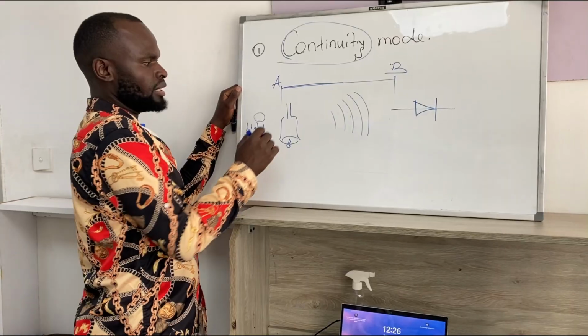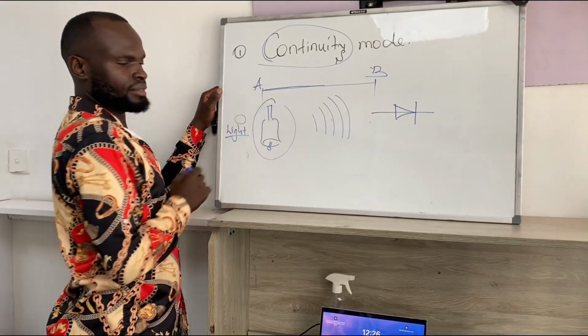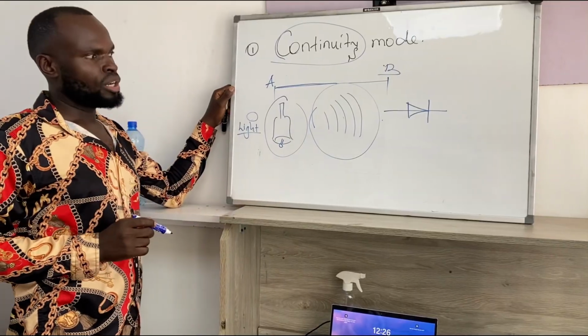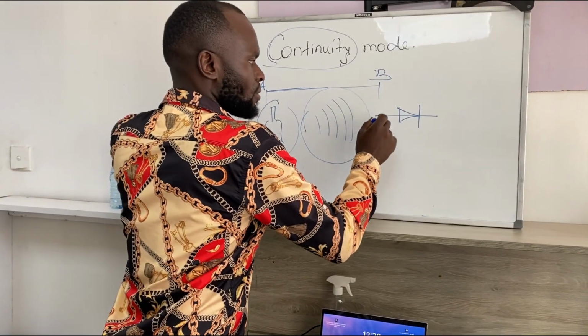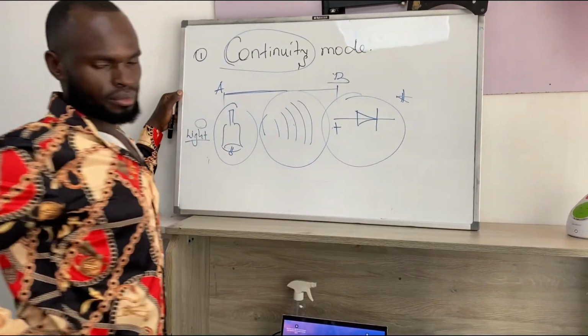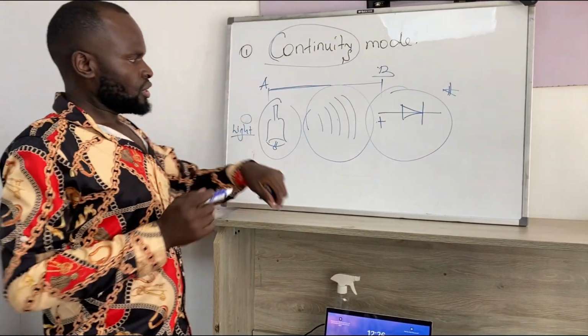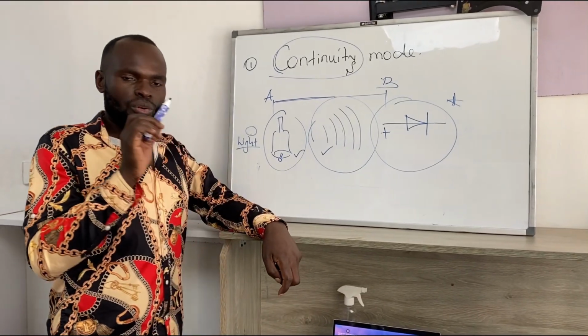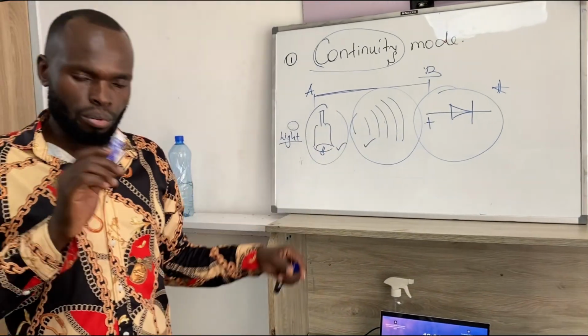You can have a light, a bell, a wavy icon, or a wavy icon combined with the diode mode. We are going to come to the diode mode later, but today, this is the continuity mode section.